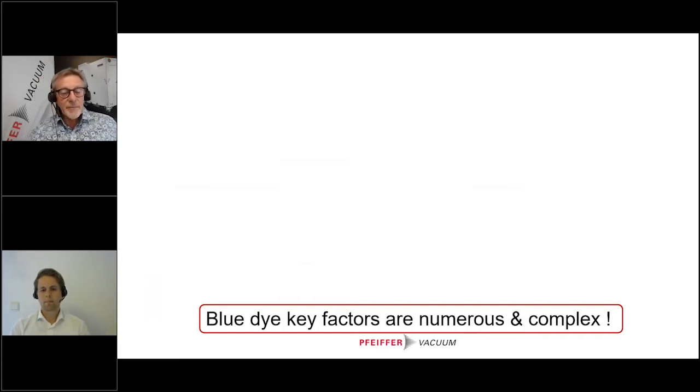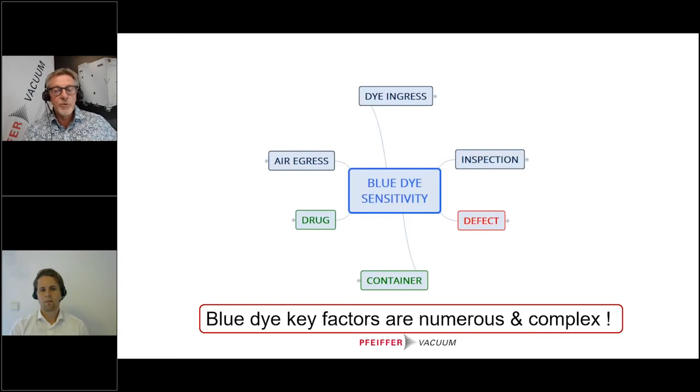It's a very interesting method, but blue dye depends on many factors, and at the end it's complex to estimate what the sensitivity of the blue dye recipe will be for your product, because blue dye sensitivity will depend on the container, on the defect geometry, we talked about that, on the inspection, of course, if you have an operator, on the dye ingress recipe, on the air ingress condition, and on the drug itself.